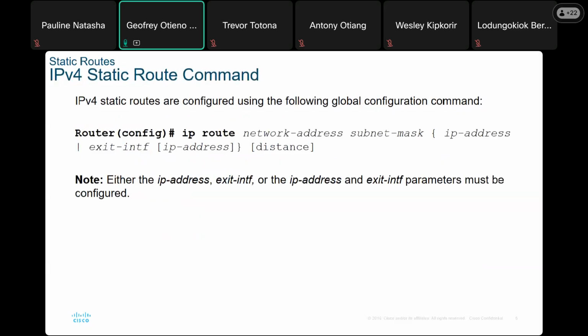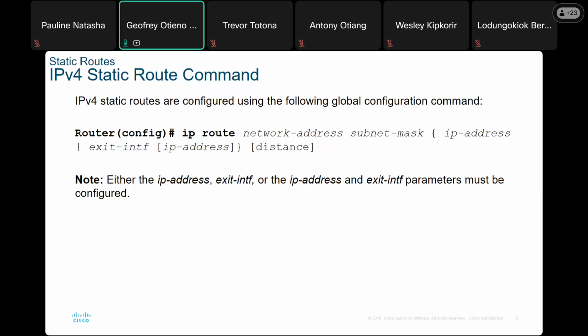So IPv4 static routes are configured using the following global command. We have ip route, then the network. Remember, this network is not your network. It's not the network within your routing table. No, it's a network on a remote side, so you want to bring it to your own routing table. So it's going to be the network address together with its subnet mask.